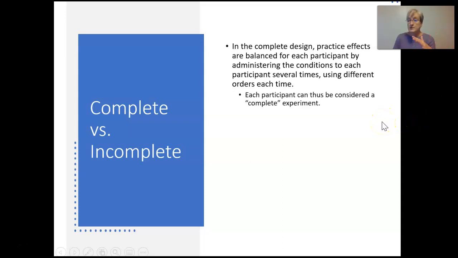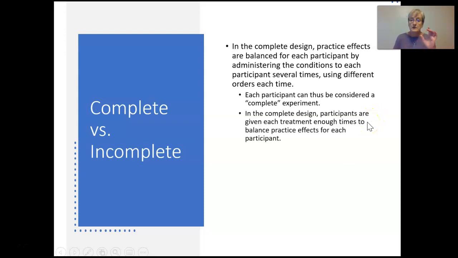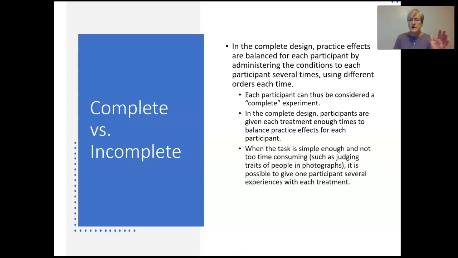That means that each participant, when you look at all of their data points, it's a complete experiment. In the complete design, you have the treatments applied enough times that practice effects are essentially balanced at the level of the participant. If you have very simple tasks that don't take a lot of time to administer or for the participant to complete, you can pull this off.